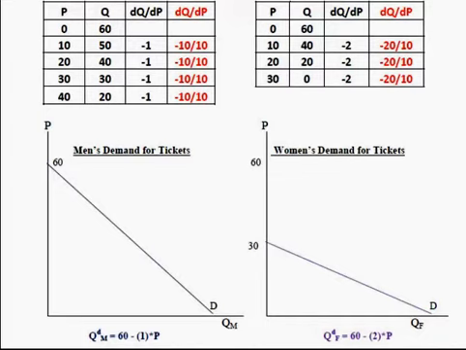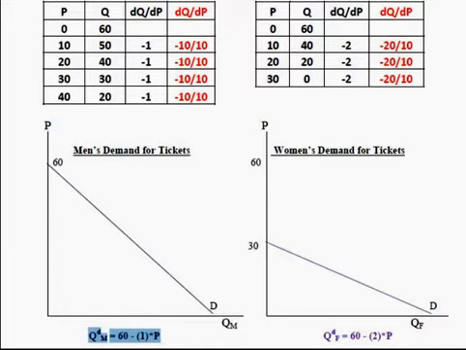The convention in economics is to put the price on the vertical axis and the quantity on the horizontal axis. You should have met this before in your principles classes. So even though we said the demand curve for men was given by Q equals 60 minus P, notice that when we sketch the graph, we put the price on the vertical axis.